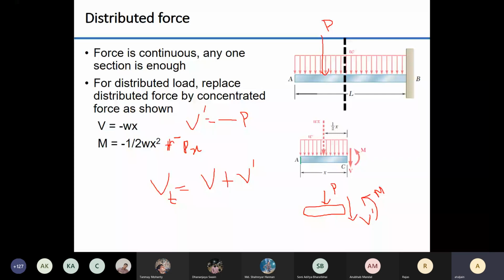If a point load is applied, what will your bending moment diagram look like? If a uniformly distributed load, what will the bending moment diagram look like? If a moment is applied, what will the bending moment diagram look like? Once you understand these three, essentially all the problems in this problem sheet are a linear combination of these three cases only.